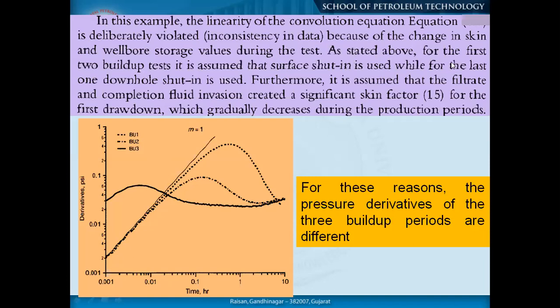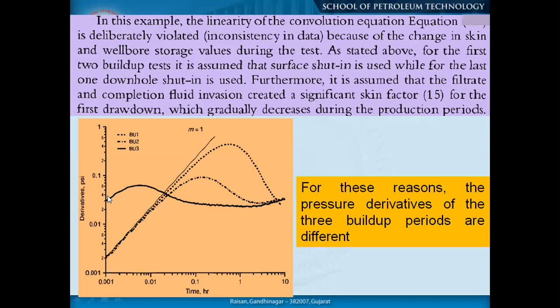As stated above, for the first two build up tests it is assumed surface shut-in is used, while for the last one downhole shut-in is used. So you can understand this is the effect of wellbore storage. As we performed surface shut-in, you have the two effects, wellbore storage as well as skin. But in the third case we perform the downhole shut-in.